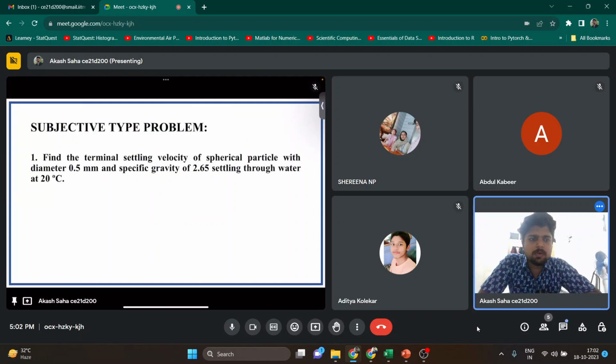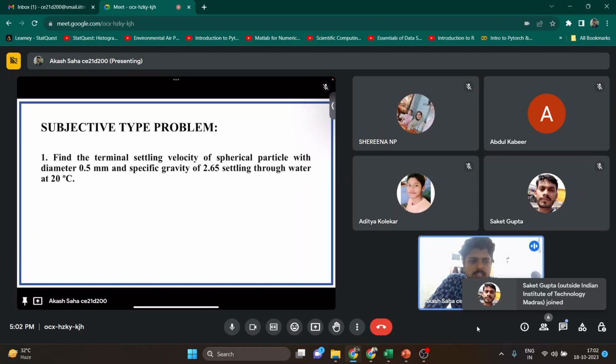So this is the first problem. It's regarding the terminal settling velocity. You have to find the terminal settling velocity of a spherical particle with diameter 0.5 mm and specific gravity of 2.65 settling through water at 20 degrees Celsius.